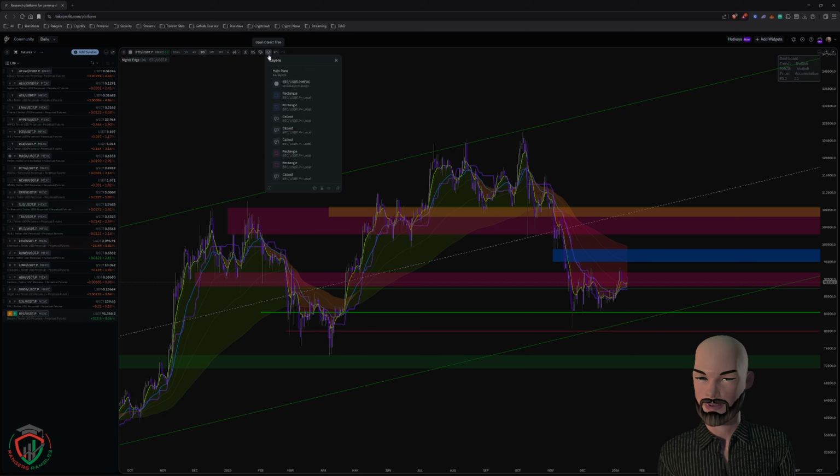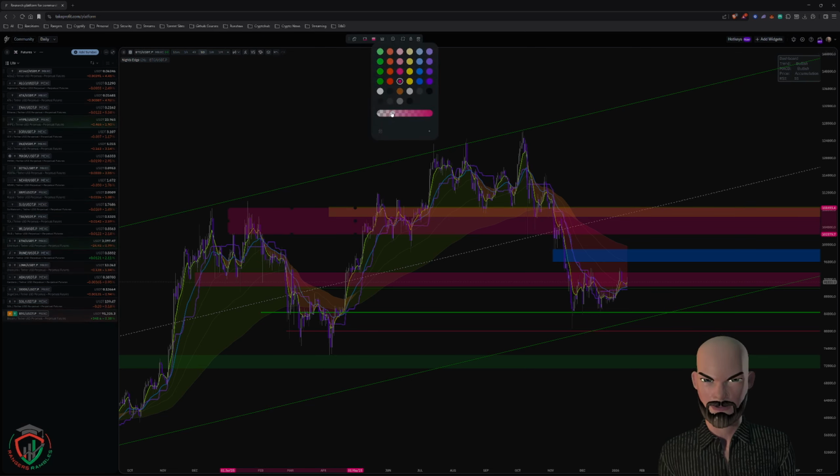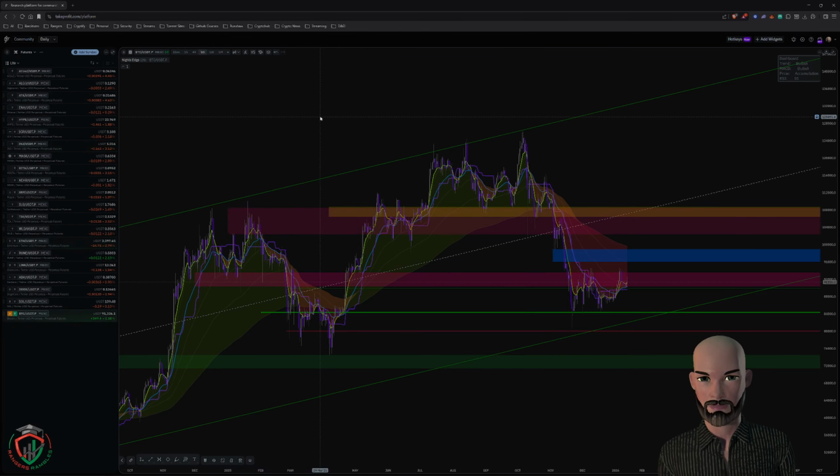What I do want to do is make these probably not as overpowering. I mean, they're really low on the transparency anyway. They're really overpowering. I don't like it. Which is why I want to choose my own colours.